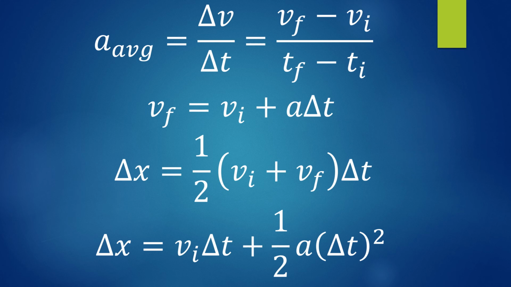So here are the different formulas for acceleration, which we have been talking about. You can see that we still have the delta V over delta T, so VF minus VI, etc. And the three on the bottom are from the last lecture.